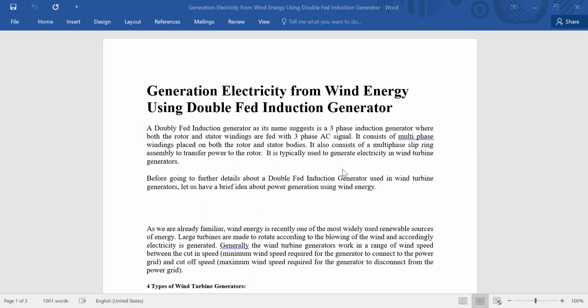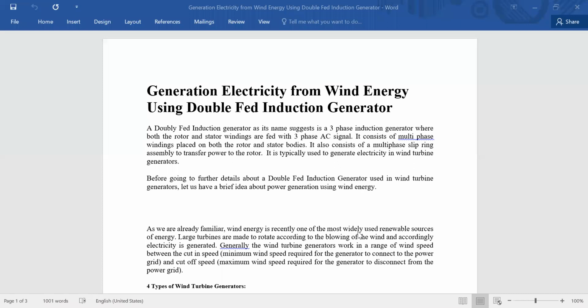So we are familiar with wind energy. We already know it is one of the widely used renewable sources of energy, like other resources such as solar energy and geothermal energy, but this one we use widely.